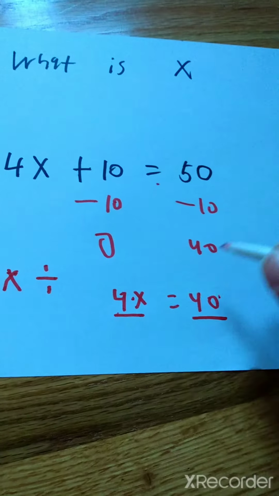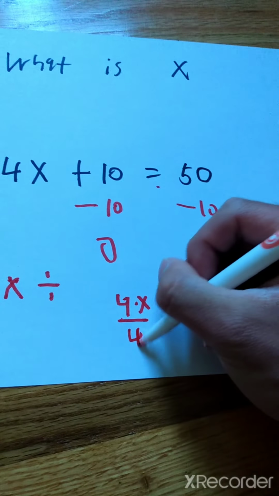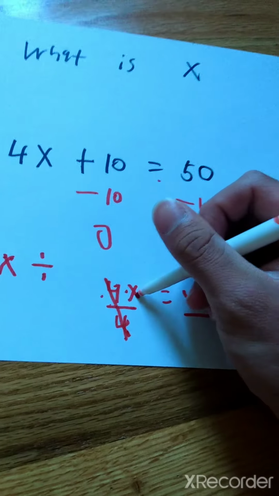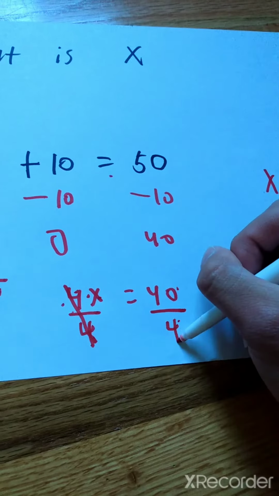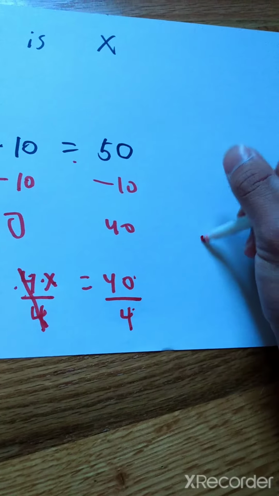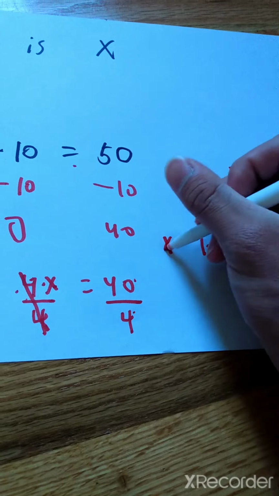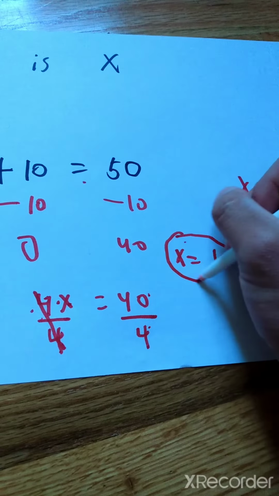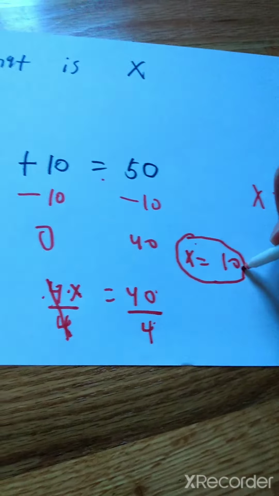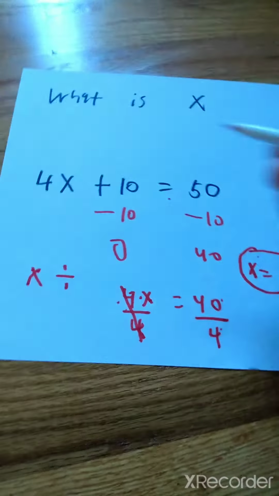We're working backwards. So if we have 4 here, cross that out, we get x alone. 40 divided by 4 is going to equal 10. So x equals 10. So yeah, we have solved this problem and found out what the individual x is.